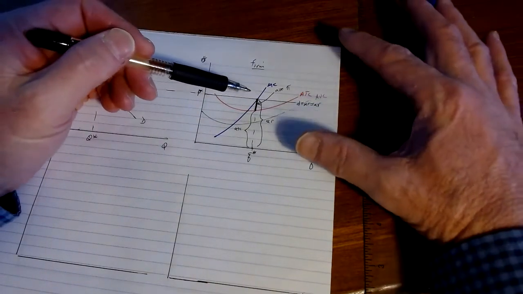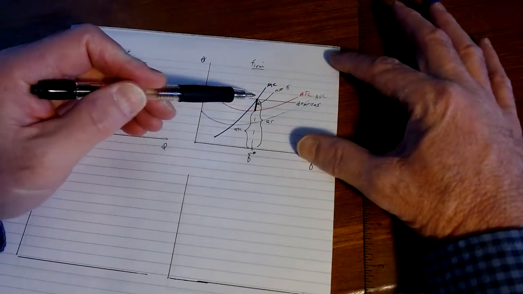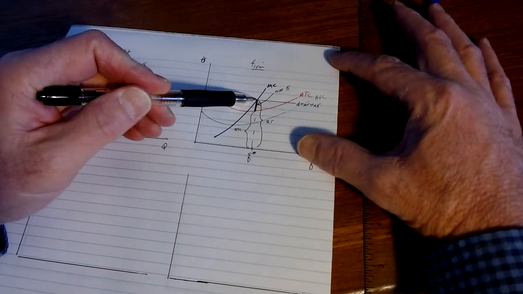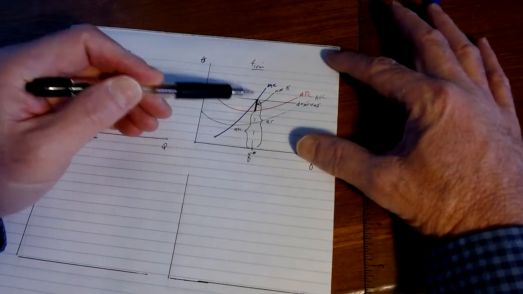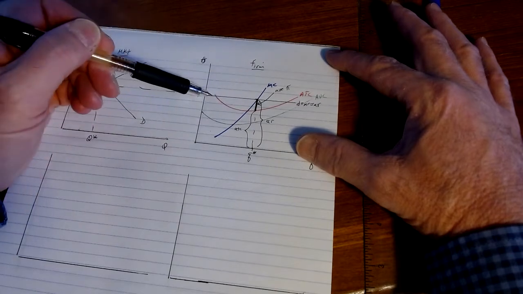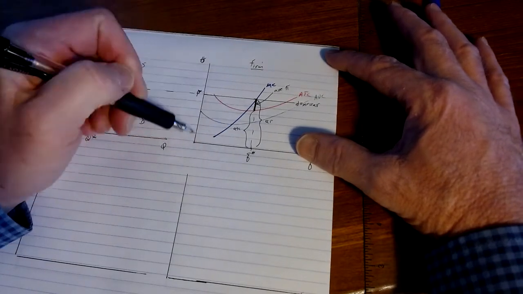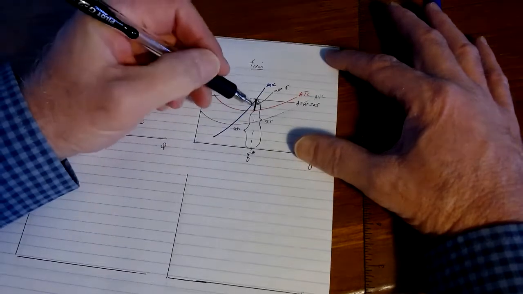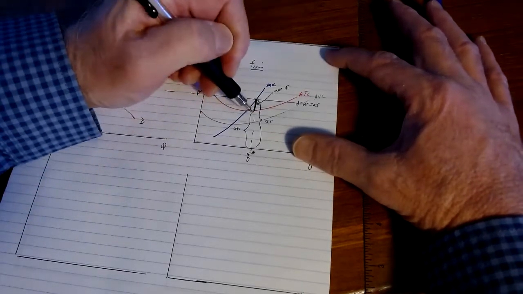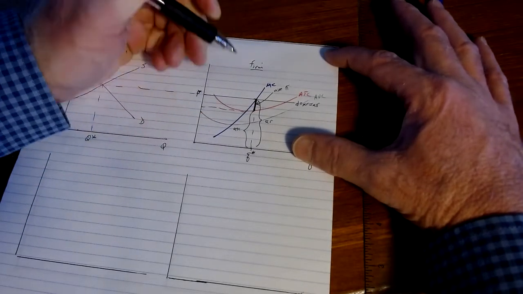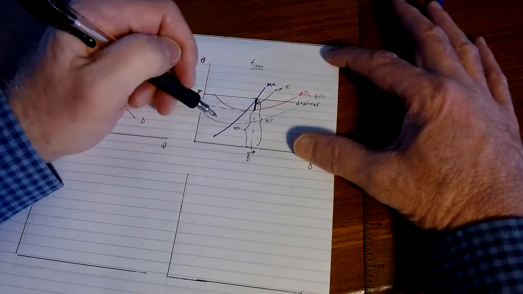Alternatively, we can look at it this way. If this height is the firm's revenue per unit, the revenue per unit times the number of units will give us total revenue. So this entire area is total revenue. This area is the firm's total cost.